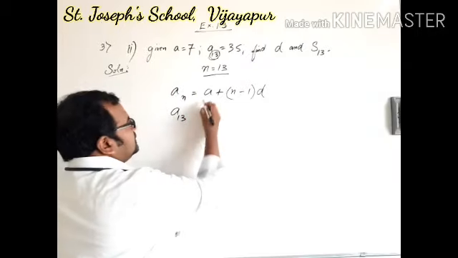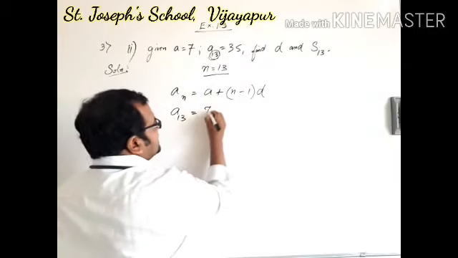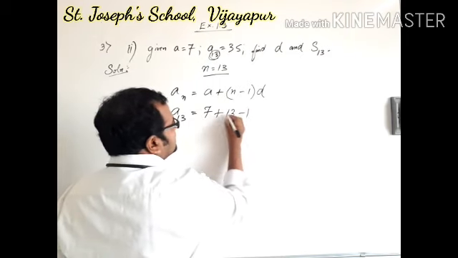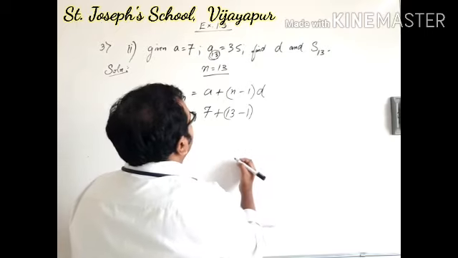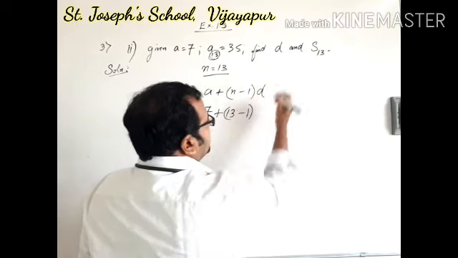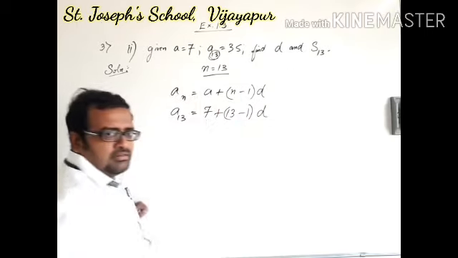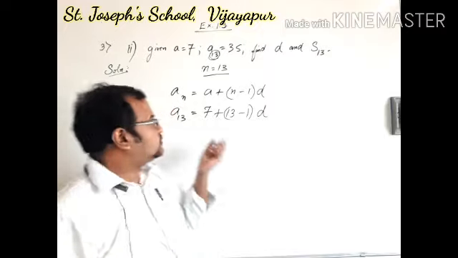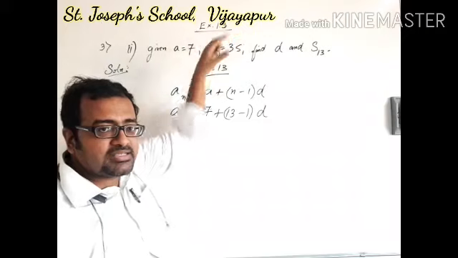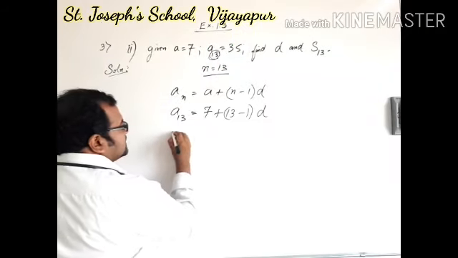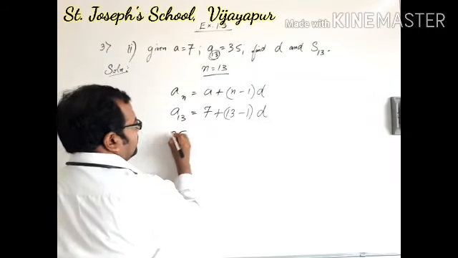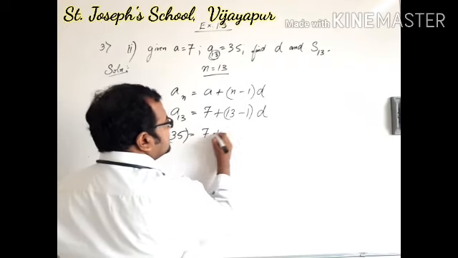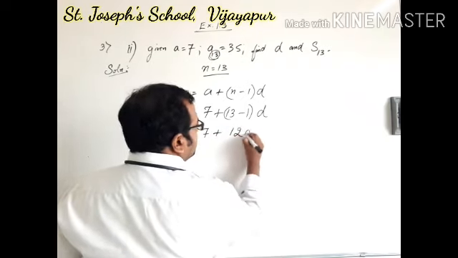Then a13 is equal to a, which is 7, plus n is 13 minus 1 into d. d we need to find out, so d remains d. At first look, it looks like two unknowns are there. No, actually a13's value is given as 35. So we replace it with 35, which is equal to 7 plus 13 minus 1 being 12d.